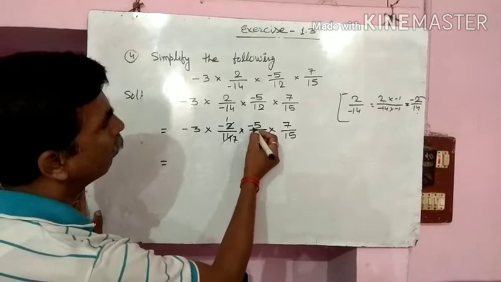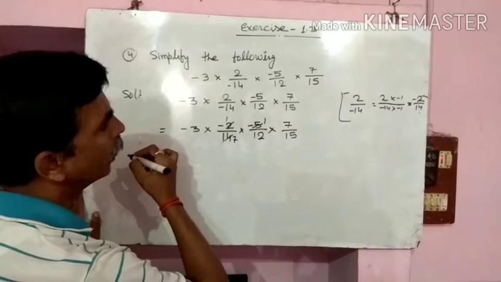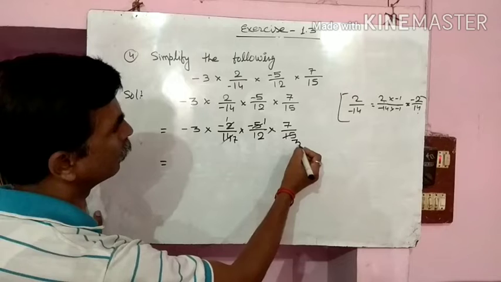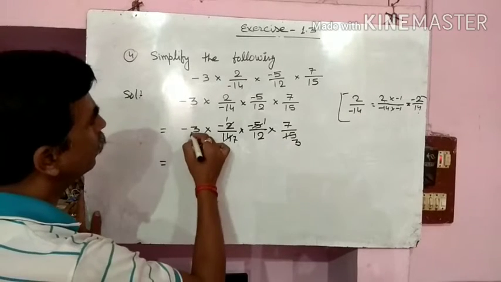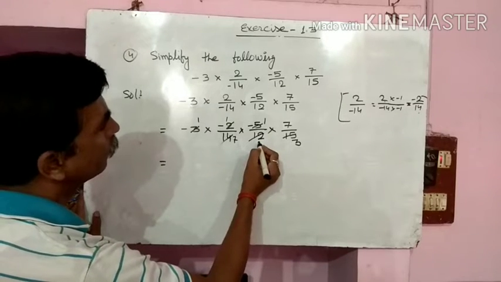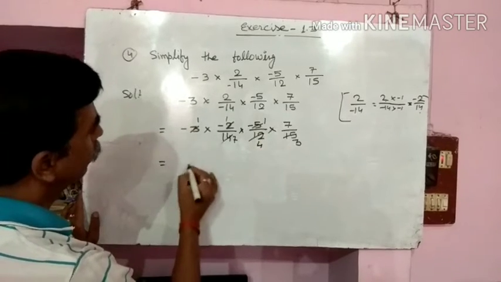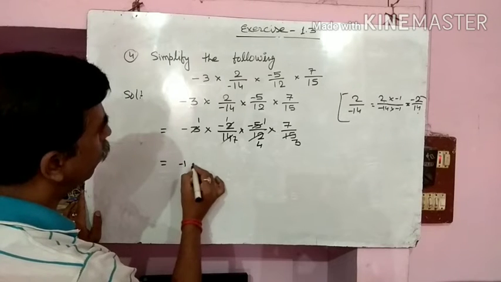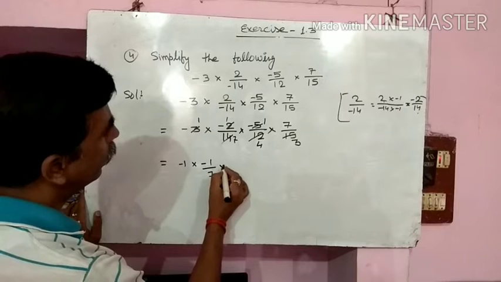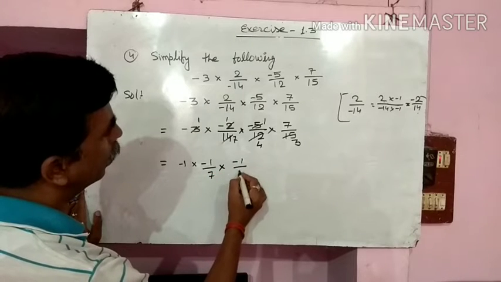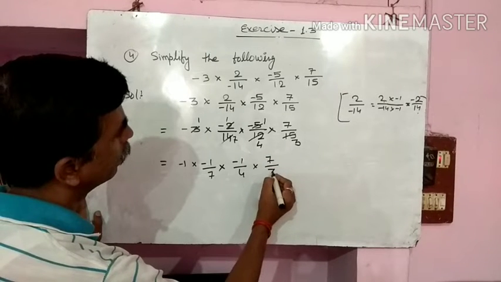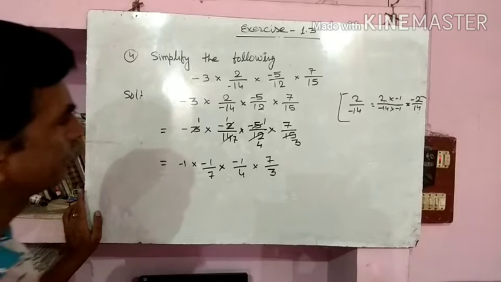Look here, minus 5 is written, 5 ones are 5 and 5 threes are 15. Now this one also, 3 ones are 3 and 3 fours are 12. Finally you will get minus 1 into minus 1 by 7 into minus 1 by 4 into 7 by 3 like this.